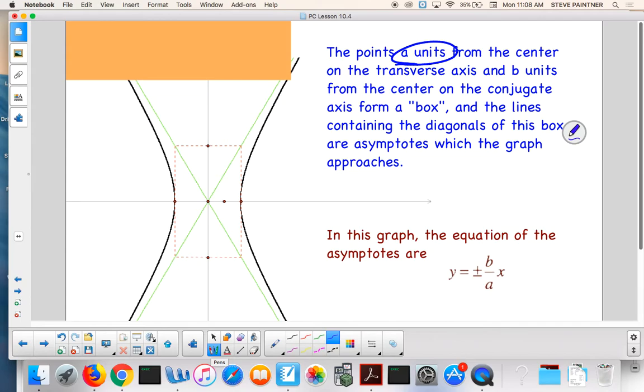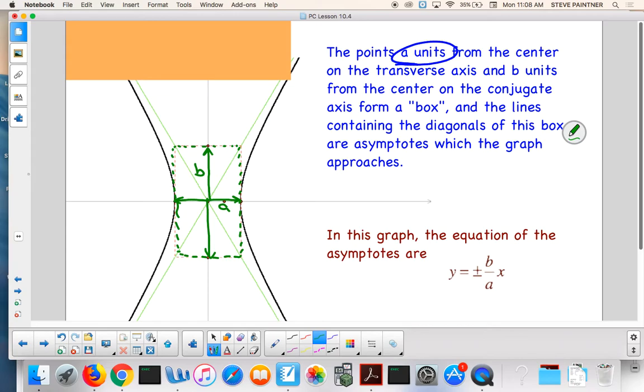Here's the box you'll form every time. You'll go this way for A, you'll go this way for B, and you can go backwards A, you can go down B, you can go all 4 directions and then just create your box like this. Okay, there's your box.